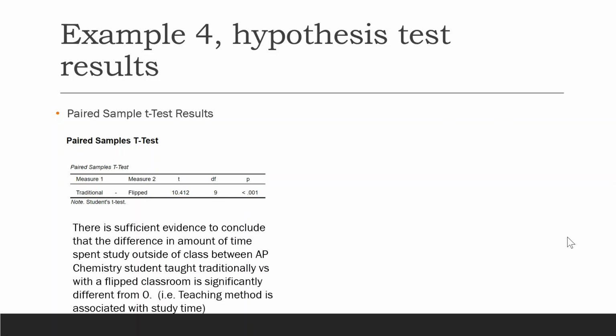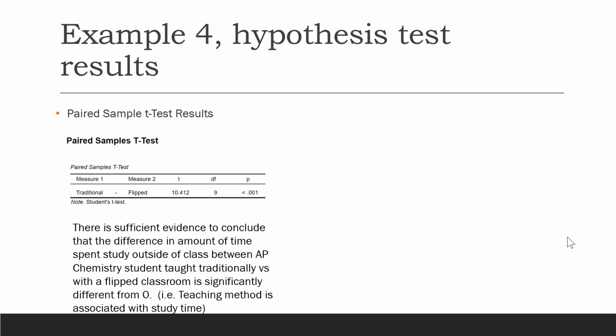We're going to reject the null and say there is sufficient evidence to conclude that the difference in the amount of time spent studying outside of class between AP chemistry students taught traditionally versus those with a flipped classroom is significantly different from zero. That means that teaching method is associated with study time. Okay? Teaching method is associated with study time.